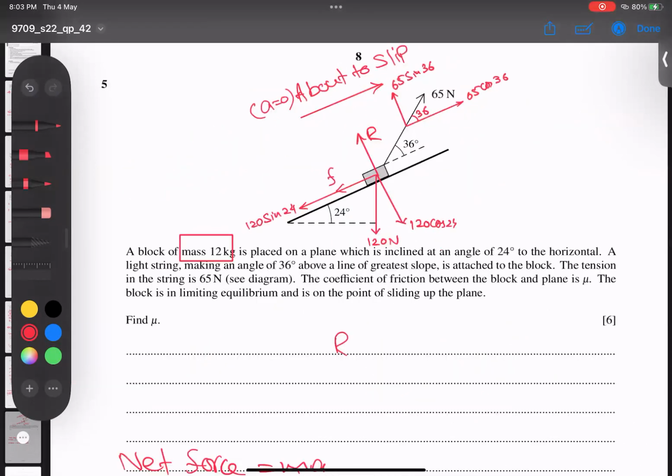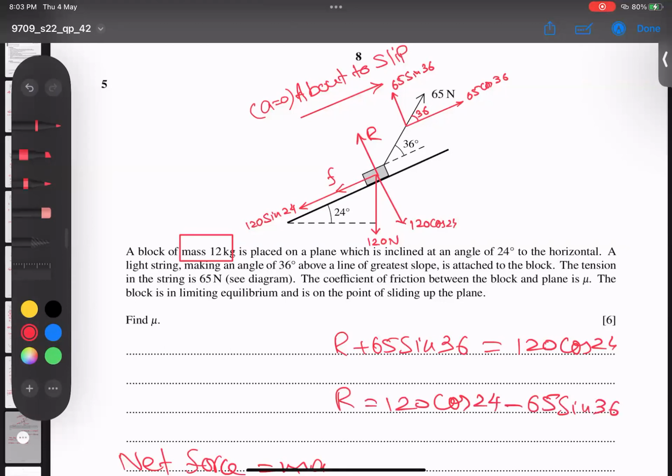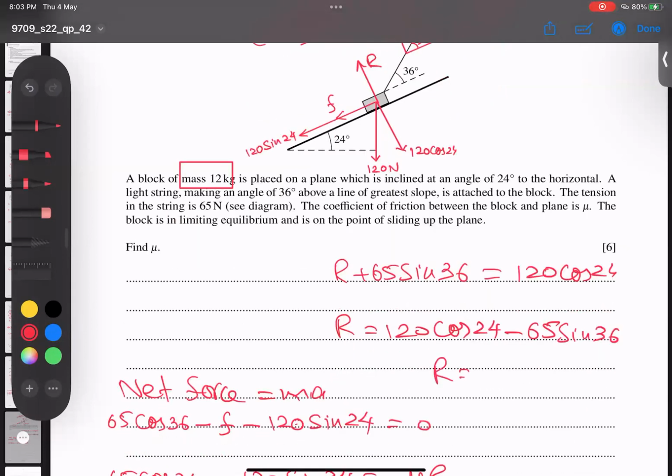So R plus 65 sine 36 equals 120 cos 24. And this will go to the other side, so R equals 120 cos 24 minus 65 sine 36. And I can find R from here easily.